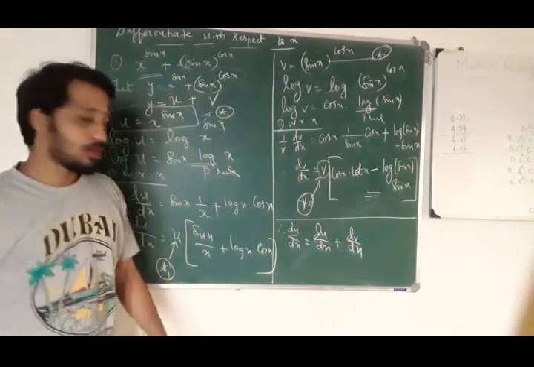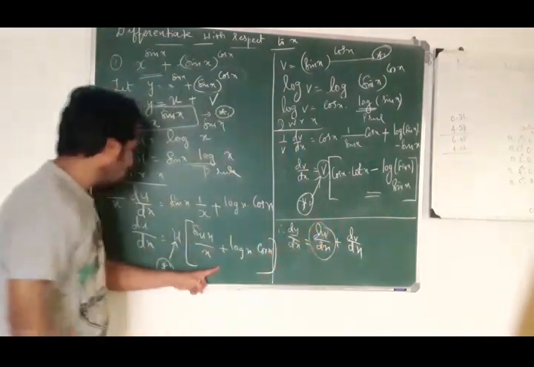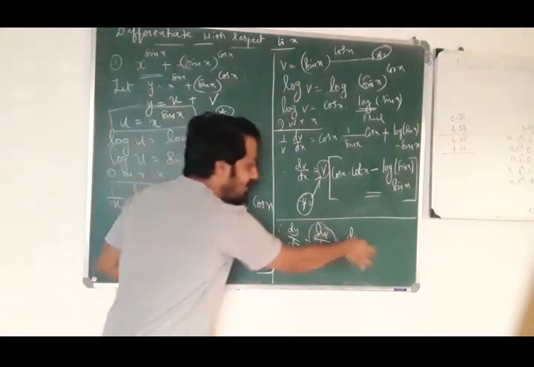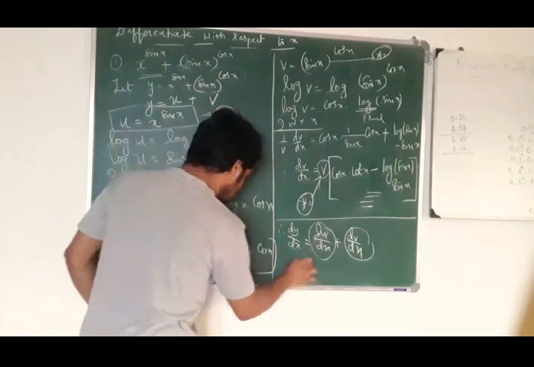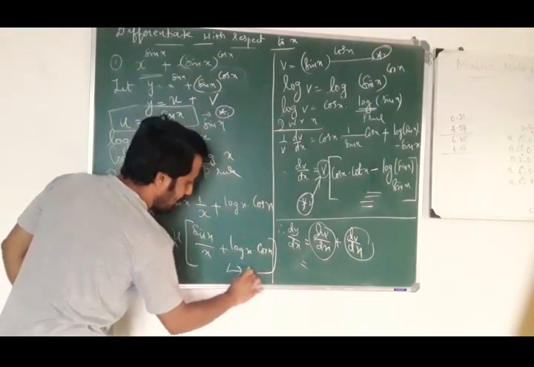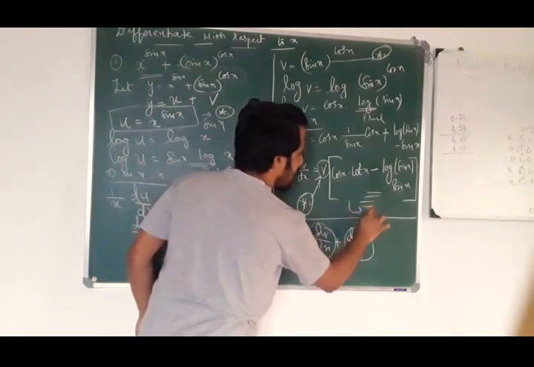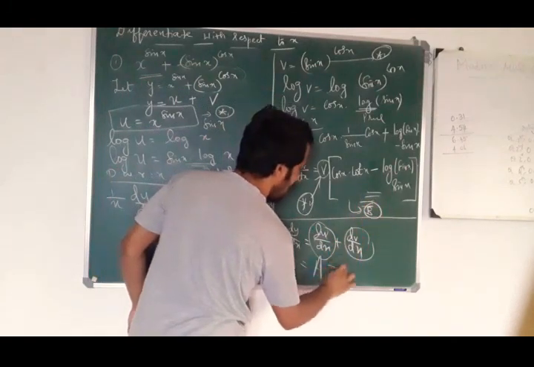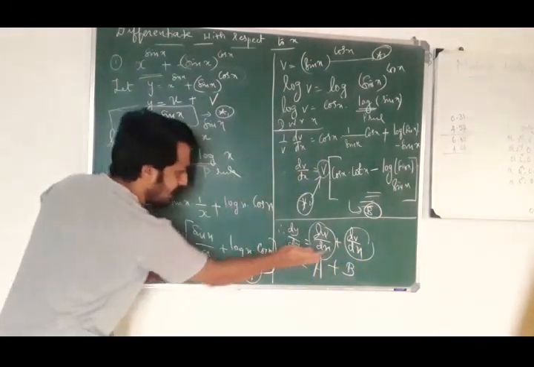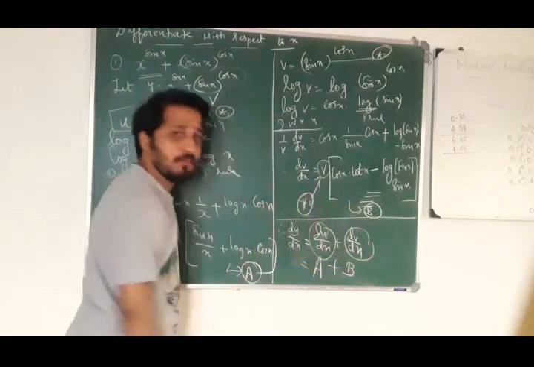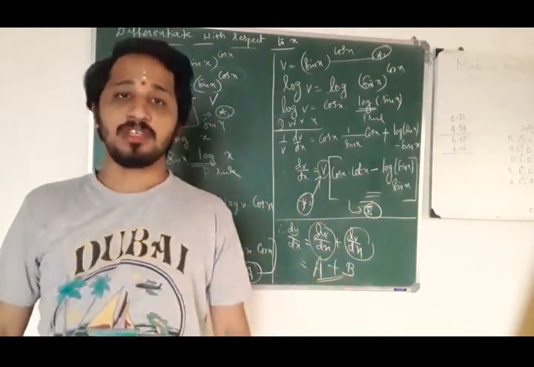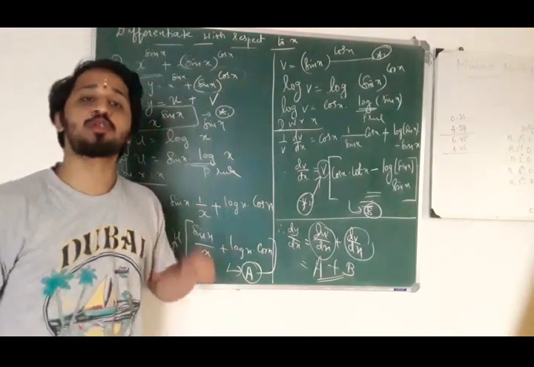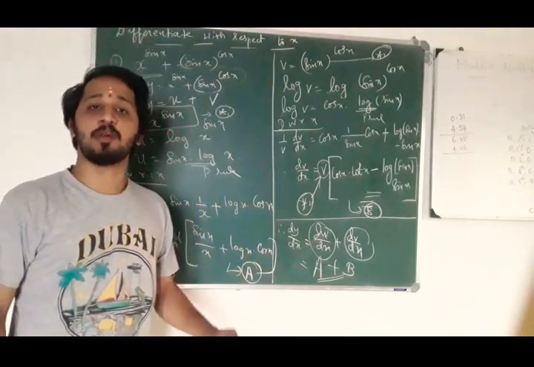What is du by dx? Already you have found out. What is dv by dx? Just now you have found out. So those two, which is equation number capital A, and which is equation number capital B. So write capital A plus capital B. That is nothing but the required answer for the function y is equal to x to the power sin x plus sin x to the power cos x.